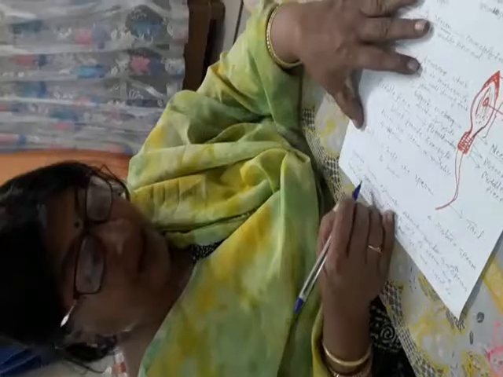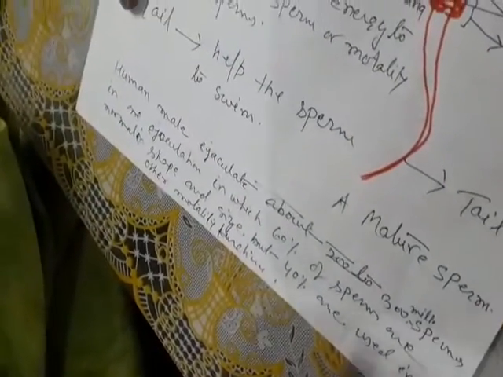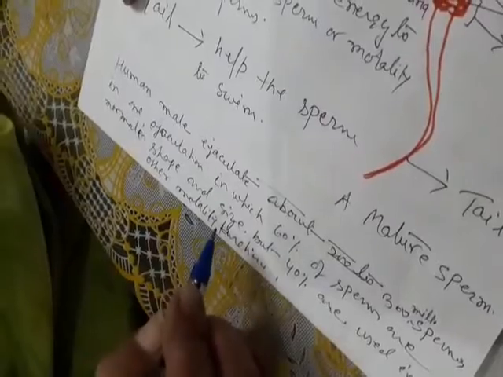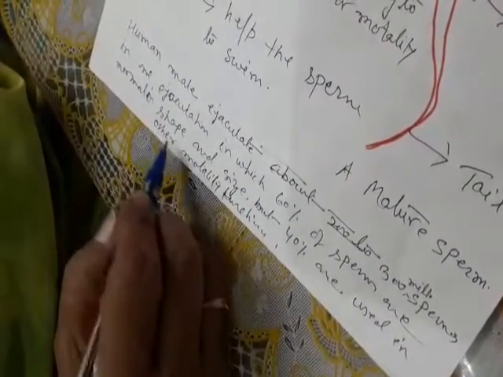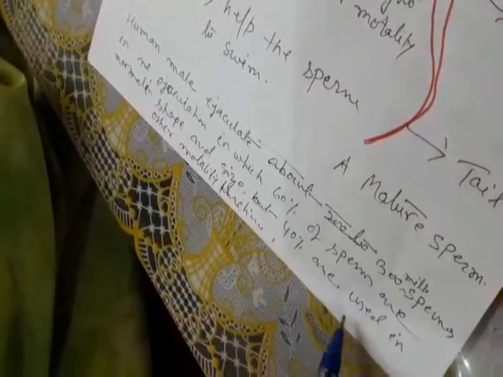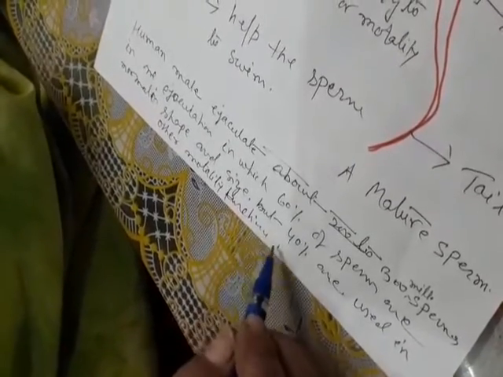Now, a human male ejaculates about 200 to 300 million sperms in one ejaculation, in which 60% of sperms are normal in shape and size, but 40% are used in other motility functions.